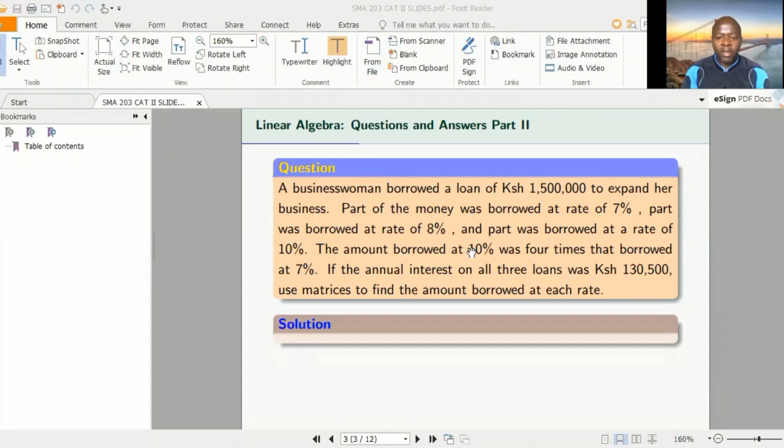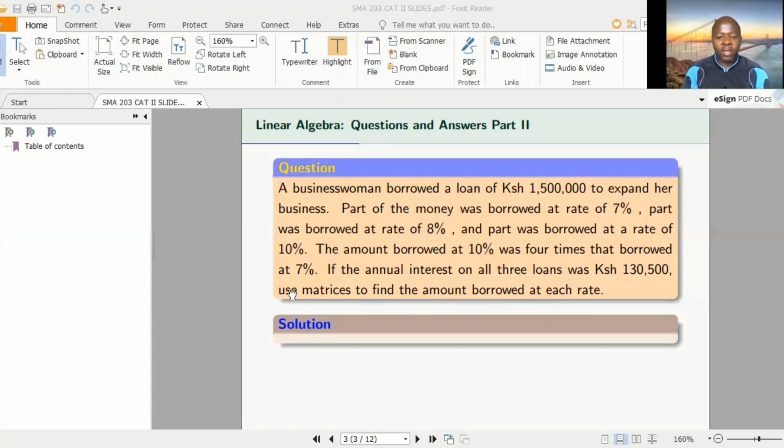The amount borrowed at 10% was 4 times that borrowed at 7%. So the question is that if the annual interest on all the 3 loans was 130,500 Kenyan shillings, find the amount borrowed at each rate.